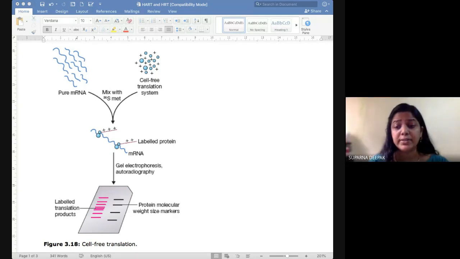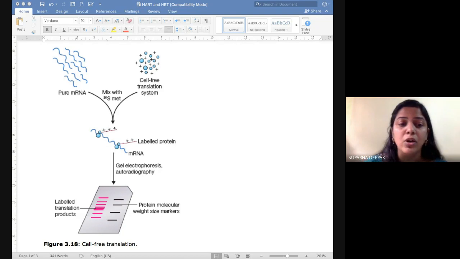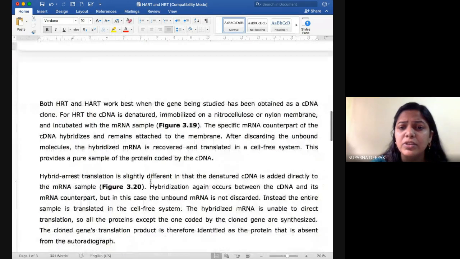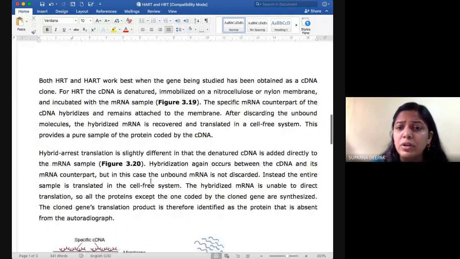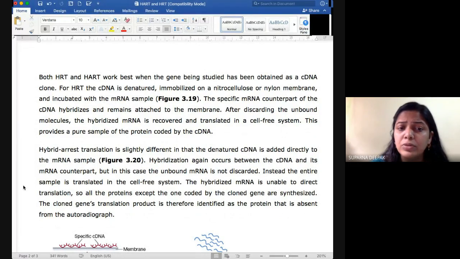Then, because they are radiolabeled, using autoradiography you can get those specific bands, which can be stored for a longer time for whatever further studies are there. So that is how your cell-free translation system is going to work. Any doubt regarding the cell-free translation system? Have you understood, students? Any doubt?